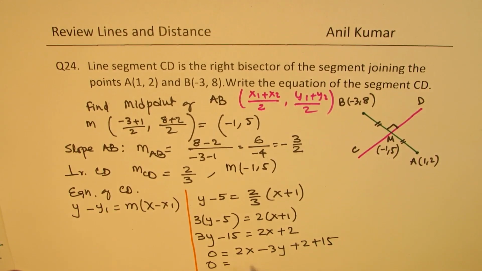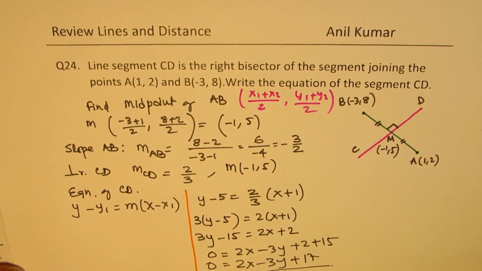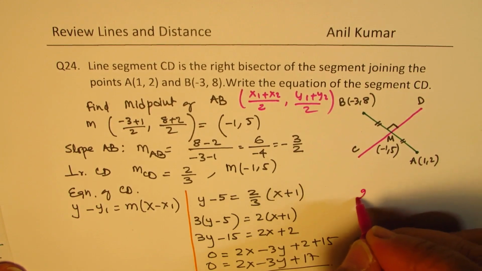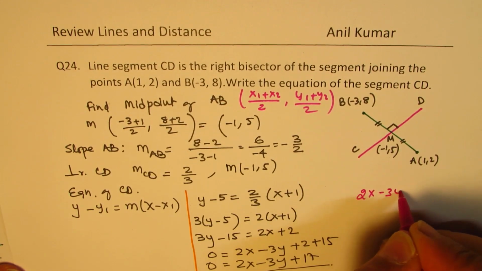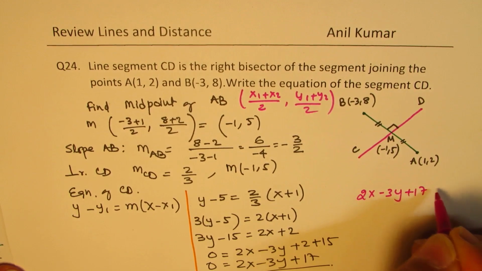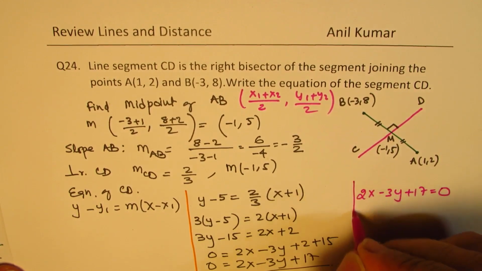So we get 0 equals 2x minus 3y plus 17. Correct? So that becomes the equation of CD. Perfect. So that is the standard form of writing the equation. So we get the equation as 2x minus 3y plus 17 equals 0.